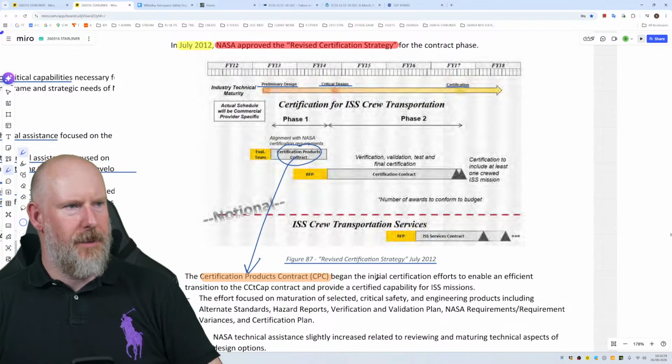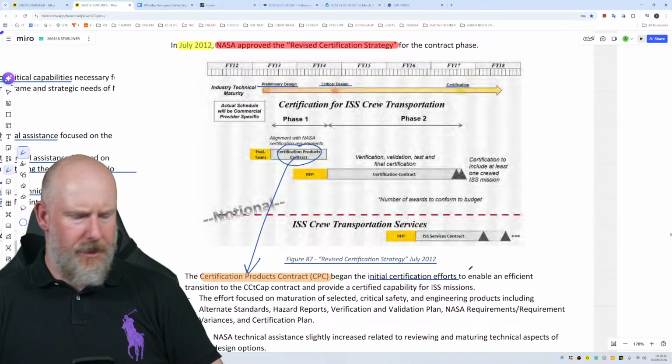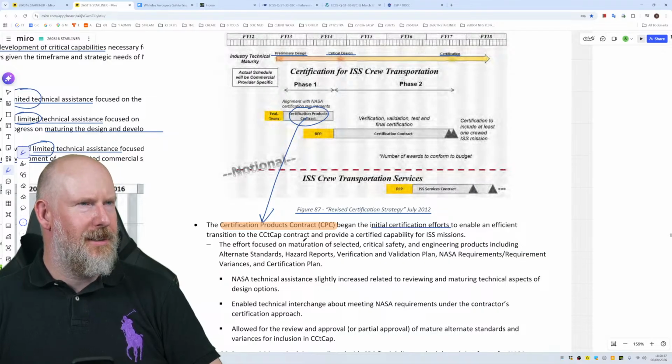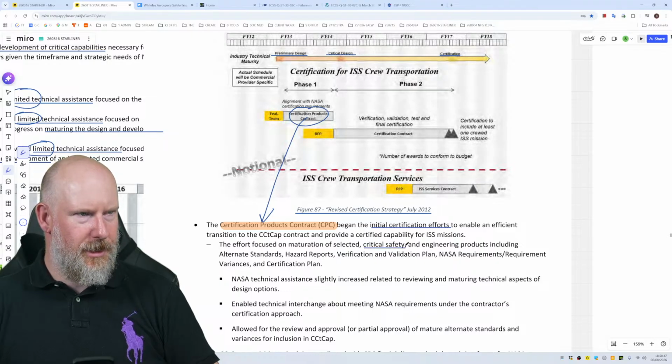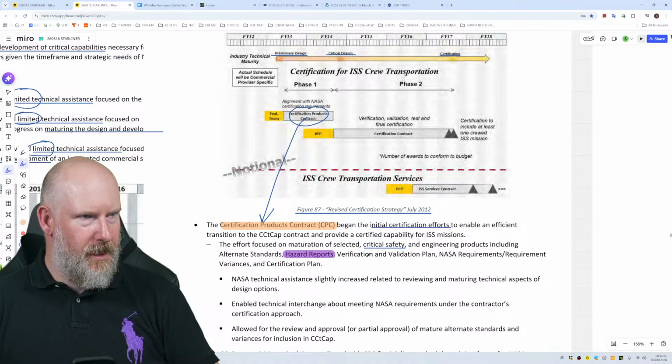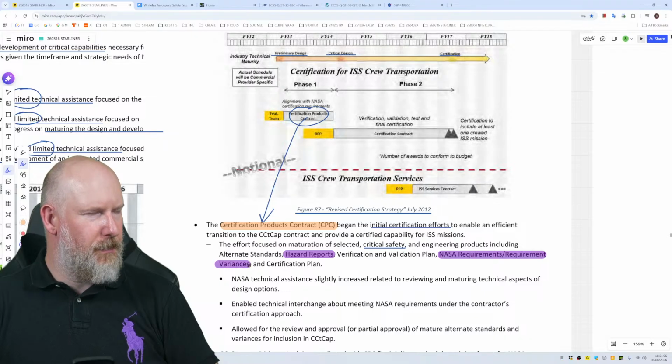Began the initial certification efforts to enable an efficient transition to the CCT CAP contract and provide a certified capability for ISS missions. The effort focused on maturation of selected critical safety and engineering products, including alternative standards, hazard reports. So they are the ones that I would be interested in seeing and reviewing. Verification and validation plan, NASA requirements, requirement variances, and the certification plan.